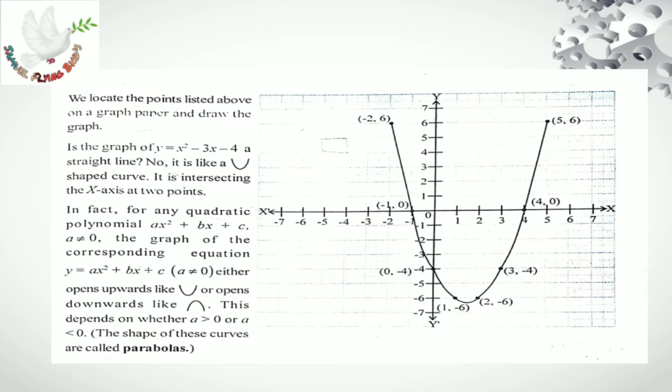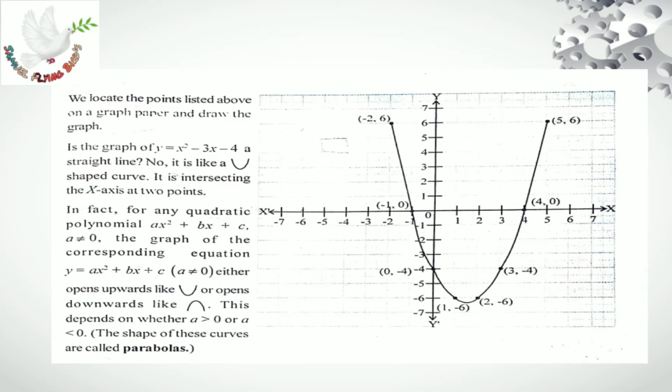When x is 4, the value of y is 0. When x is 5, the value of y is 6. And when x is -2, the value of y is 6. All these are based on the previous method, the tabulation method.